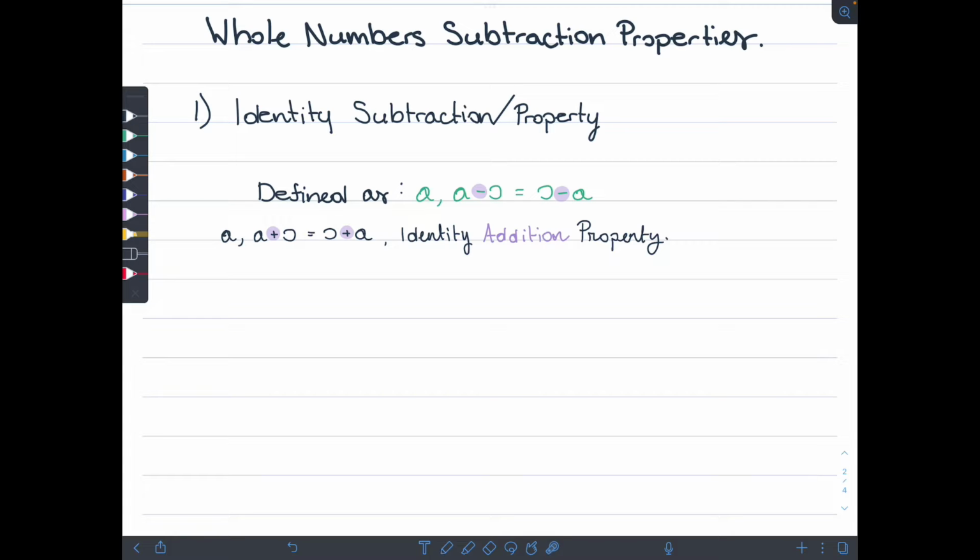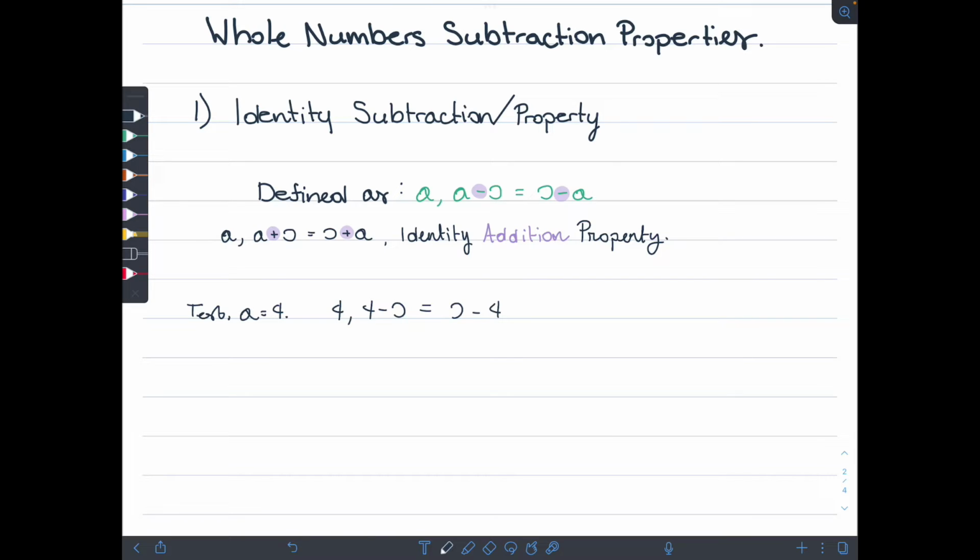Let's go with an example and see whether this property holds up, see if it's true or not. Let's do a test. We're going to set A equal to 4. So using the identity subtraction property, 4 minus 0 is equal to 0 minus 4.